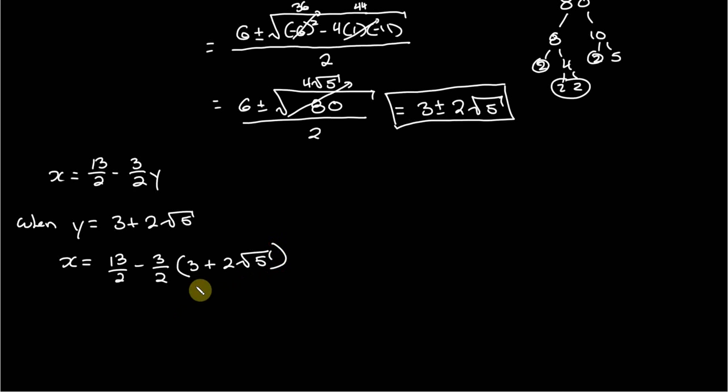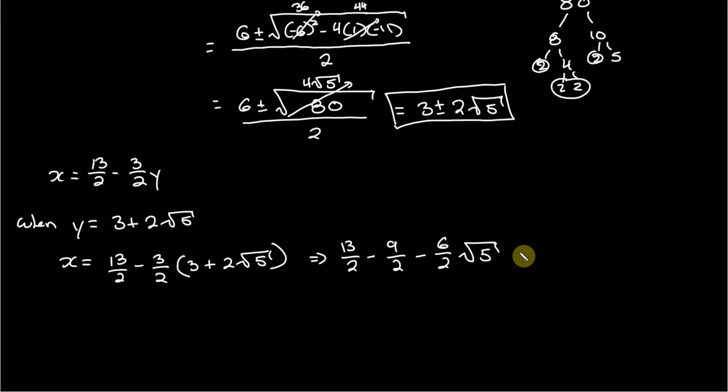And we should be able to simplify this. I'll just write it across. I need to start saving a bit more space. So we've got 13 over 2 minus, well, 3 over 2 times 3, that's 9 over 2. So we've got minus 9 over 2. And now it's a negative 3 over 2, times 2 is negative 6 over 2 root 5.